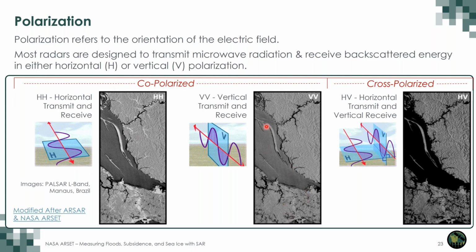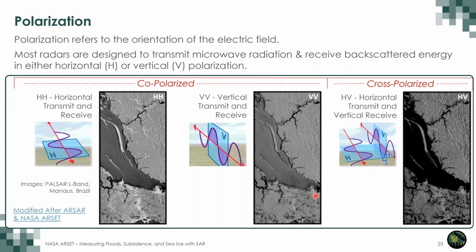You see that this area here, which ends up being a water surface, looks quite different in VV than it does in HH. So you see there is independent information provided here. Also on the southern end of this data set, you see differences between the HH and the VV, with the HH having higher brightness in some parts of this forest structure, in this case, on the lower end of the data set.